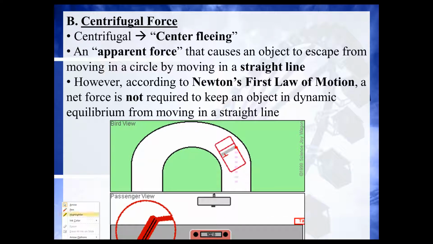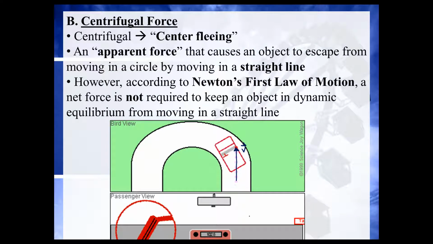As the car makes the turn, all this tape is trying to do is move at a constant velocity and continue moving at a constant velocity. You don't need a net force to do this. That's just the inertia of the object. It's its tendency to keep moving in a straight line.